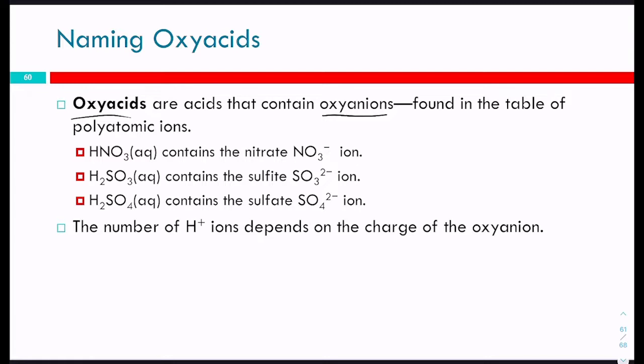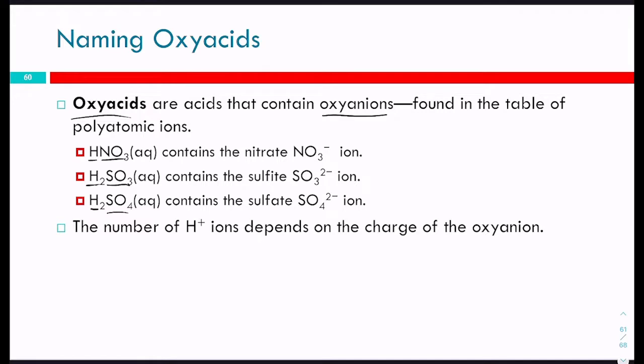For example, here on this first one, we have hydrogens first again, and then this is nitrate, this is sulfite, this is sulfate. And the number of hydrogens will always be the same as the charge of the oxyanion.